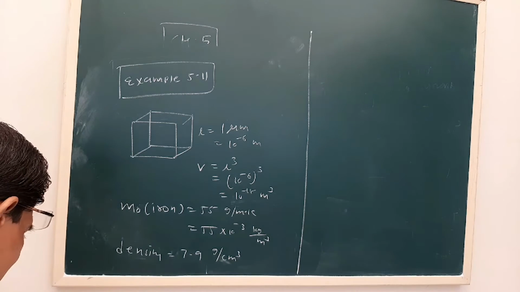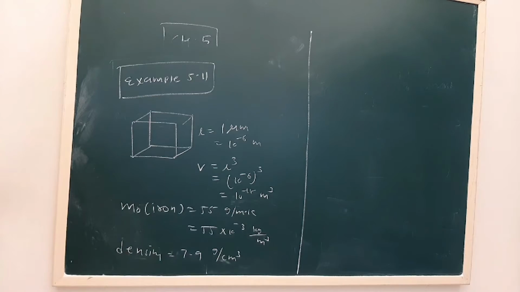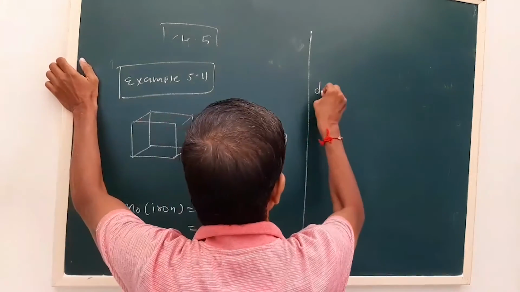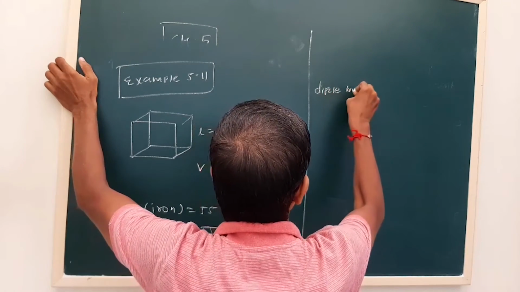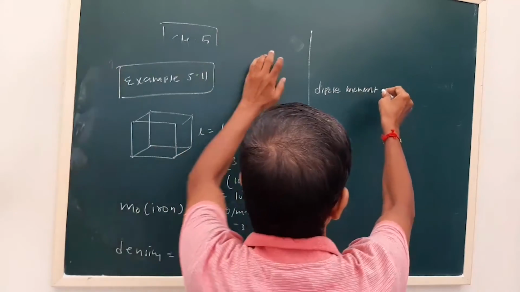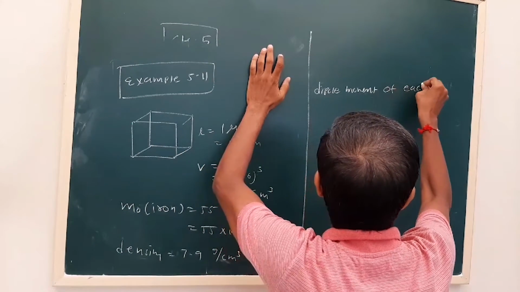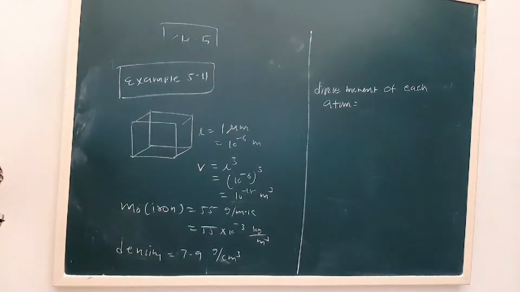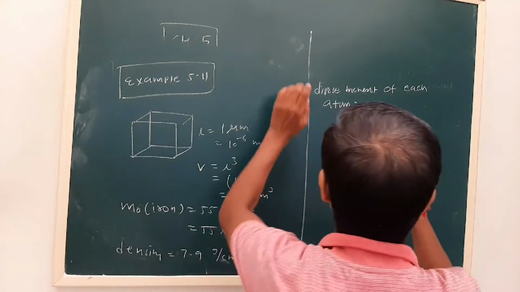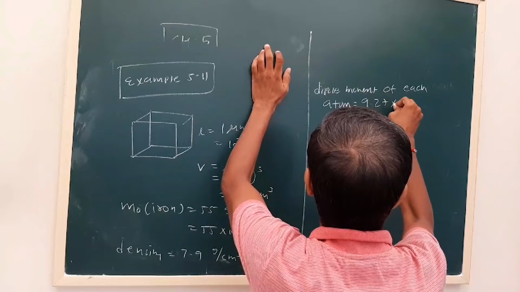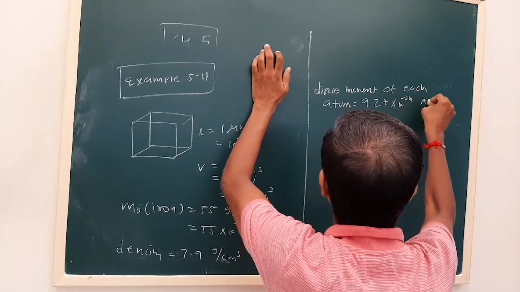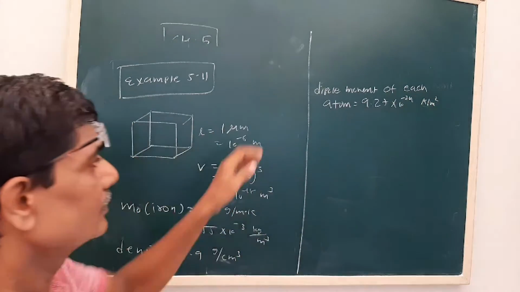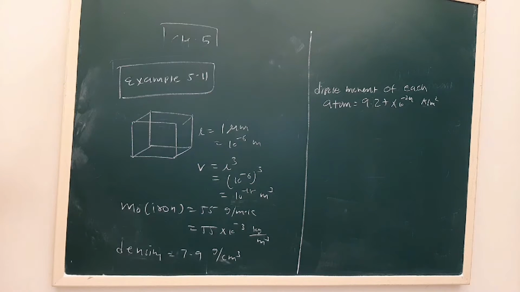And see, the dipole moment of each atom is given as 9.27. Okay, this is the dipole moment of one atom.